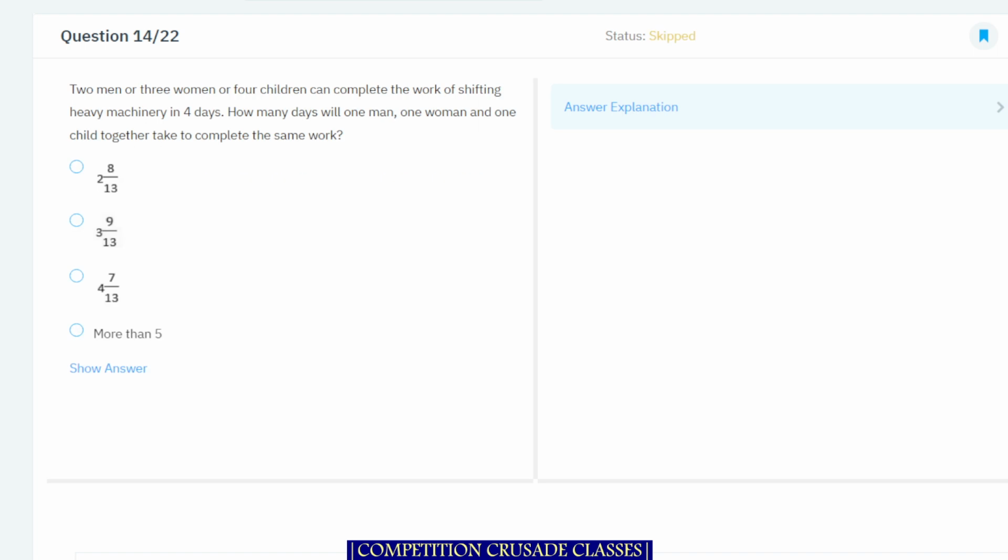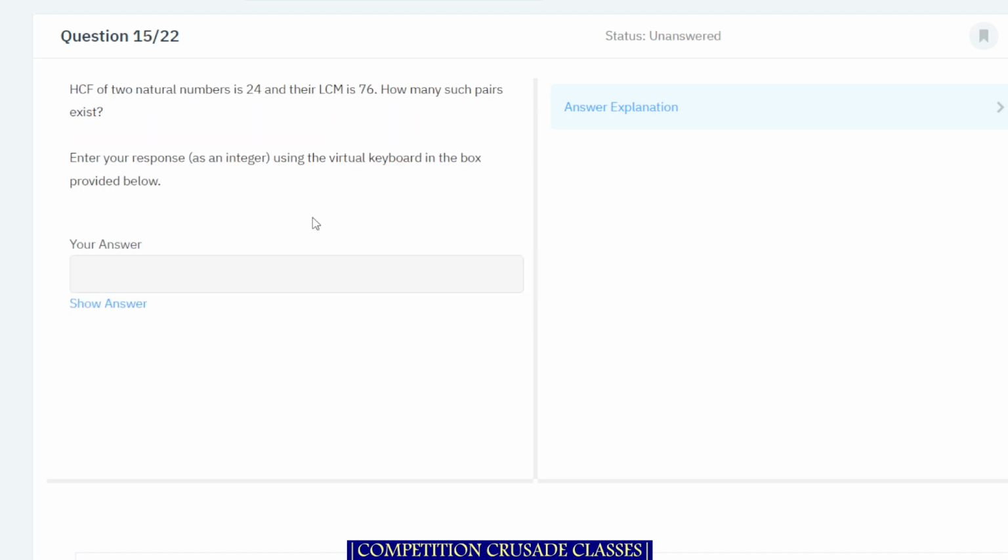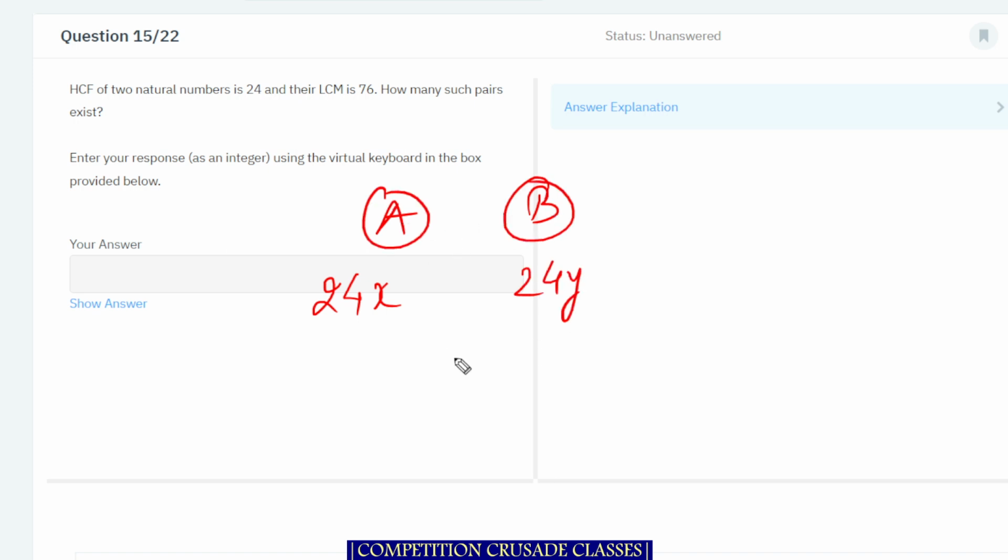2 men, 3 women, 4 children. Arithmetic, not doing it. The HCF of two natural numbers is 24 and their LCM is 76. How many such pairs exist? Let's solve this one. A very tricky question. So how do I proceed? Two natural numbers with HCF 24. Suppose I take the numbers as A and B with HCF 24, that means I can take 24x and 24y.